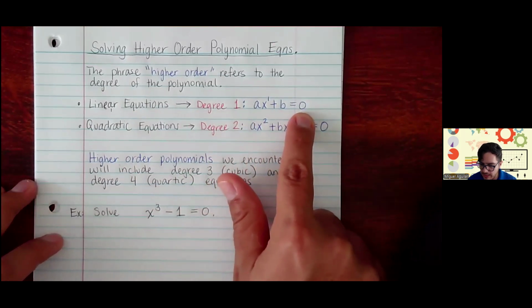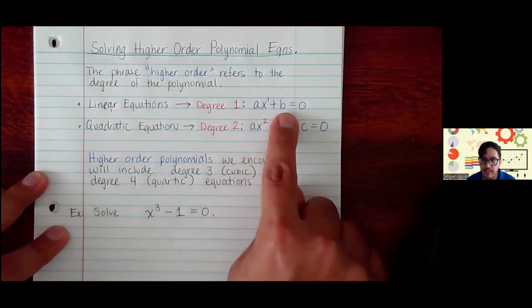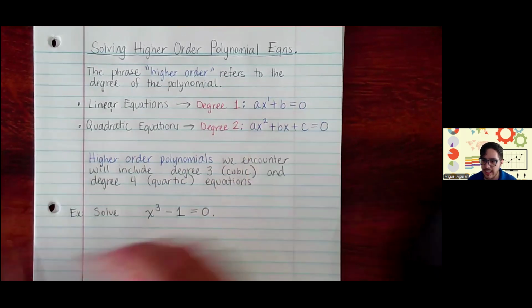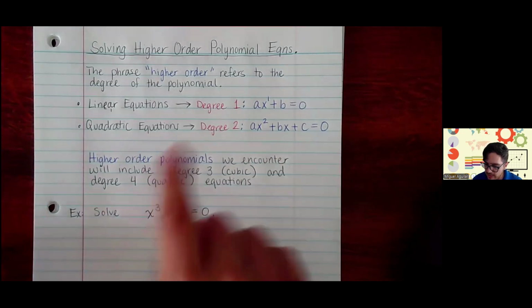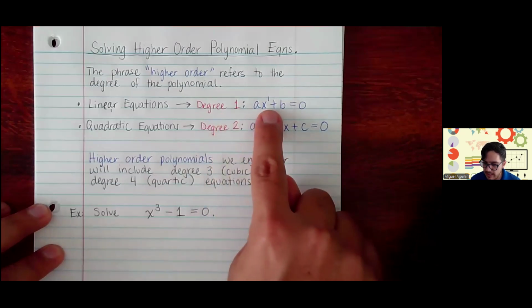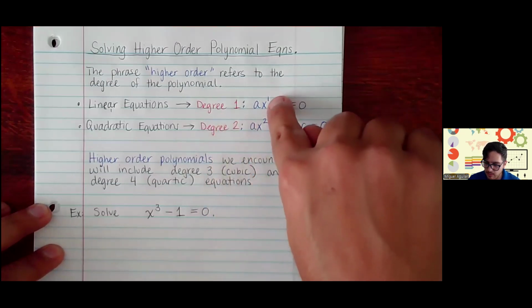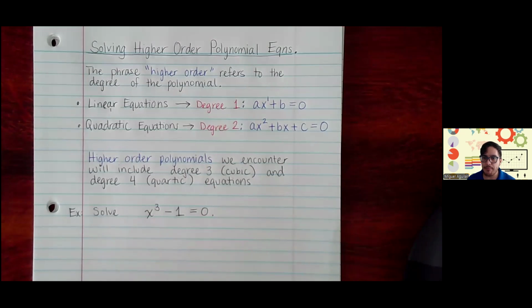You might remember from your grade school days, mx plus b equals 0. But the a and the b just represent numbers that will change from problem to problem. And the degree of the polynomial equation can be determined by looking at the highest exponent that's attached to the variable x, or whatever the variable happens to be.